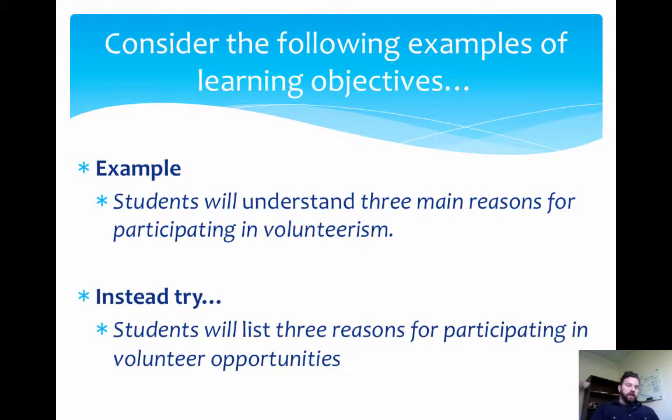And again, in an online environment, there's not always the space to continually ask students questions to draw them out to find out if they truly understand. So instead, we'll try: students will list three reasons for participating in volunteer opportunities. The rewritten example is far more clear because it requires students to apply what they know. In other words, they have to show what they know. In this case, listing.